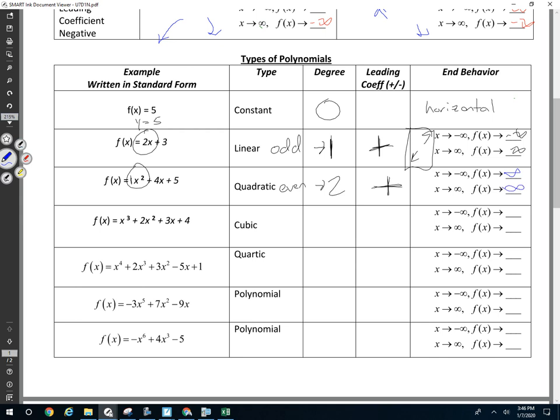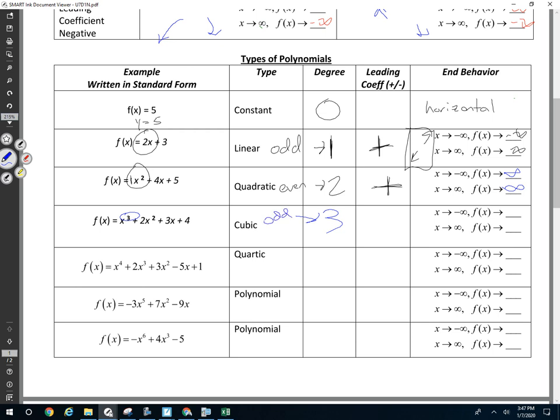An x cubed. I don't care that I have this, this, and this. I can ignore it. It's not going to change the end behavior, just like I showed you. This number, Mr. Garcia, odd or even? Odd.